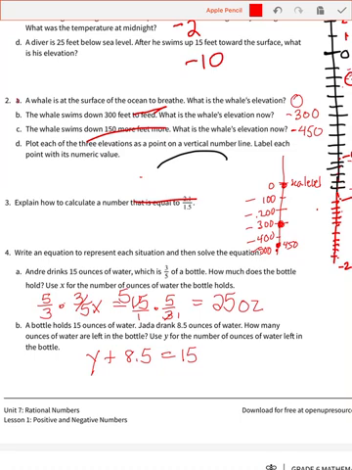So we need to get Y by itself. We're going to subtract the 8.5 from both sides. And you get 6.5 is what's left in the bottle. 6.5 ounces are left in the bottle.